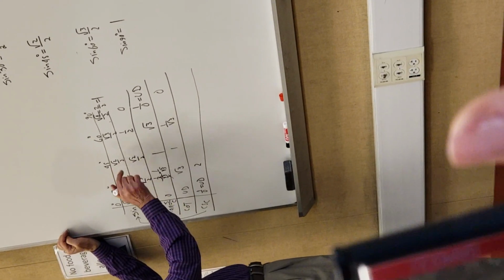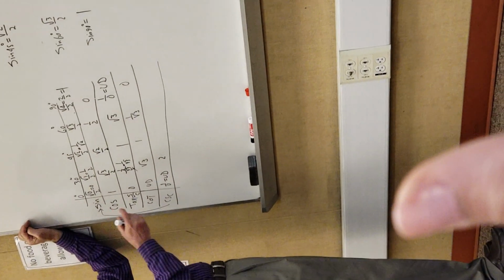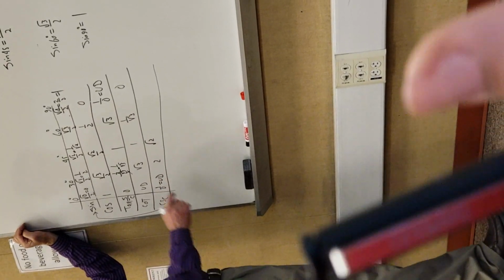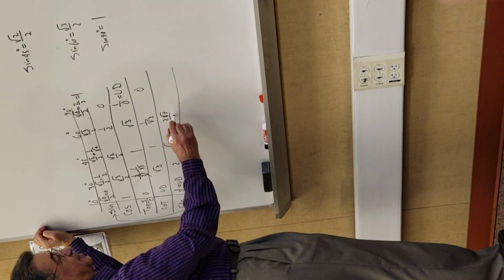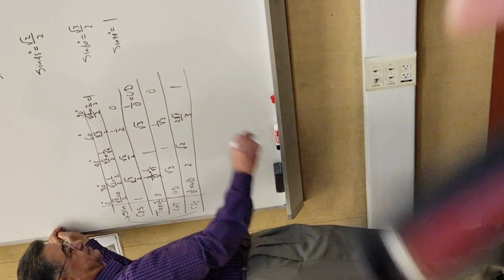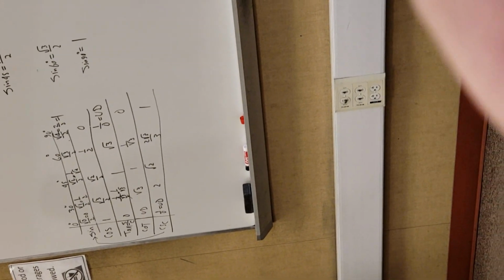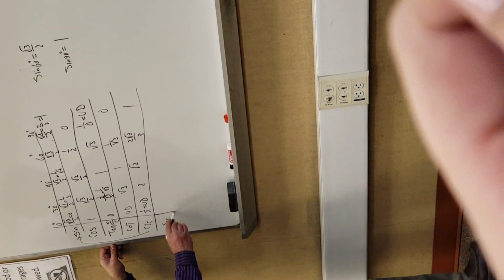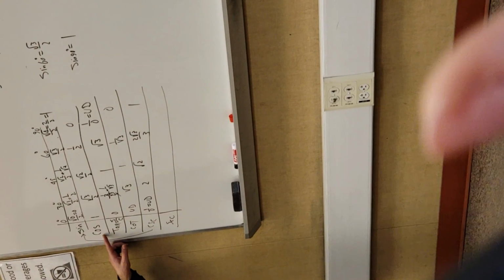Flip this one: 2. Flip this one. This used to be square root of 2 over 2, so if you flip it, you get square root of 2. Flip this ugly one, and you get 2 square root of 3 over 3. What happens if I want secant? Let's finish it. Flip cosine.